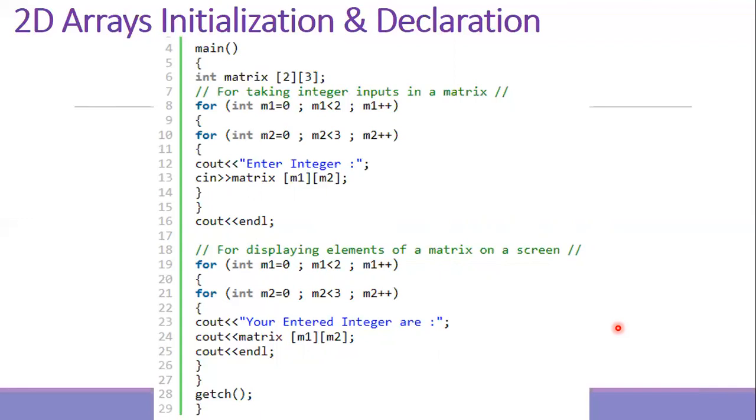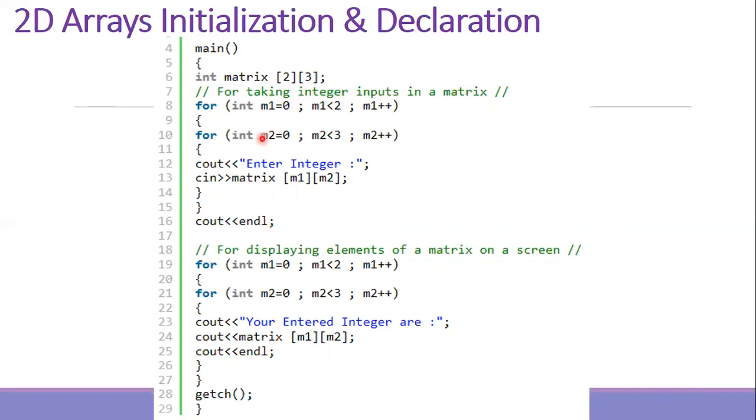Let's go through this program and understand what this program is calculating. First of all, here we have an array named matrix, and its data type is integer, and the size of the array is 2, 3, which means this matrix will be having 2 rows and 3 columns.